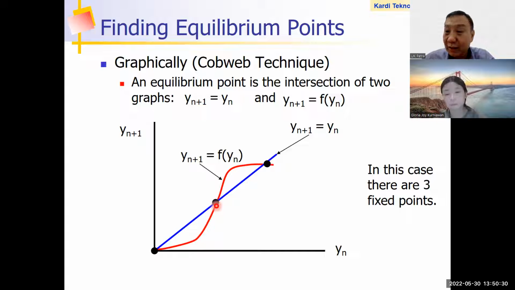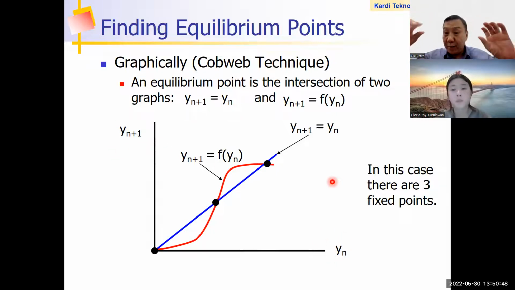Is this clear or not? Again, this is a technique to find equilibrium points. How to find? Just draw yn and yn plus 1. So in your Excel a while ago, every yn and yn plus 1, you just put side by side. Then you can plot.